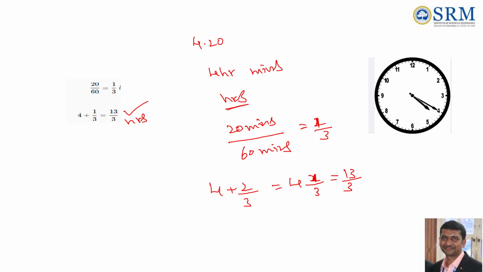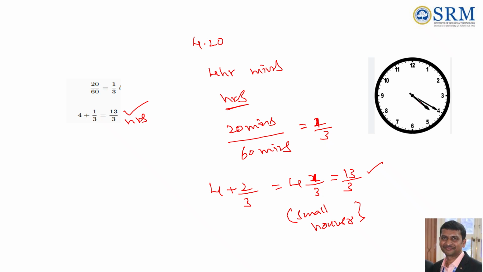So the hour hand, the small hand, rotated 14 by 3 hours. We want to convert that into an angle.